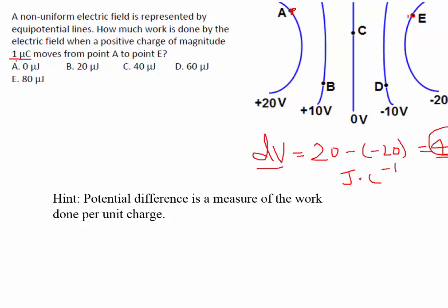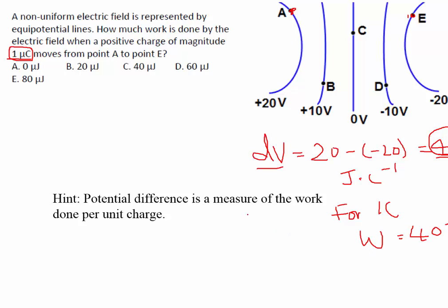Therefore, what is the work done when 1 microcoulomb of charge moves from A to E? So, for 1 coulomb of charge, the work done is 40 volts, meaning 40 joules per coulomb.